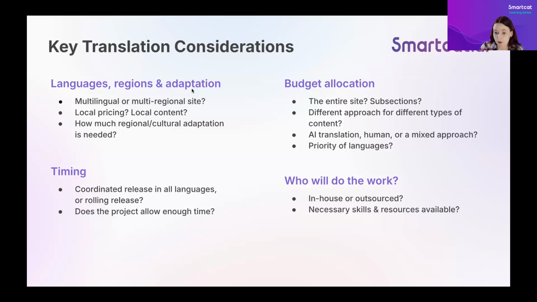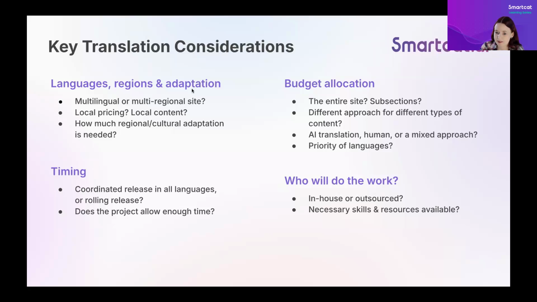They can also be both multi-regional and multilingual. So for example, for Canada, you might have that Canada site in both French and English. That just depends on the kind of audience that you're targeting and the kind of business that you operate in. And then other considerations in relation to adaptation are things like, would you use local pricing?